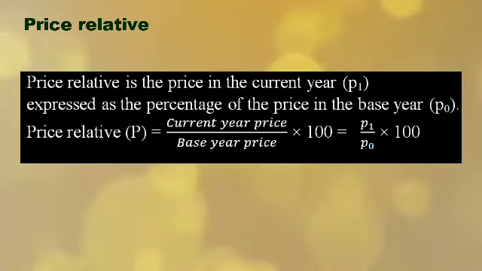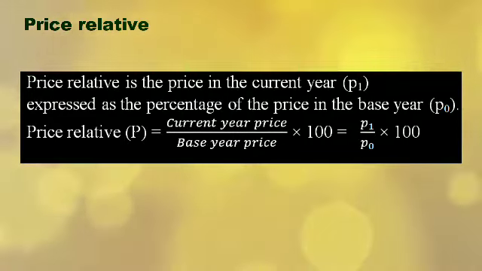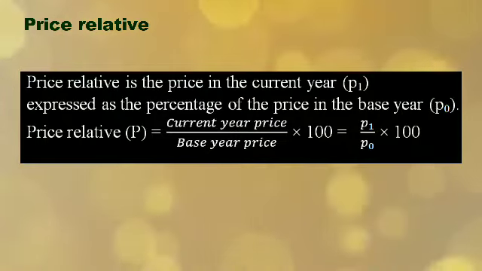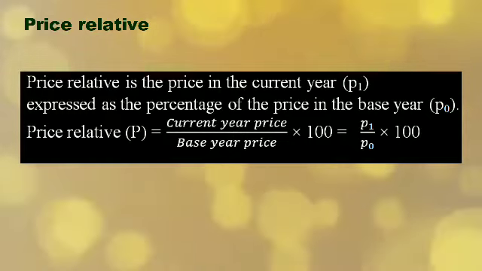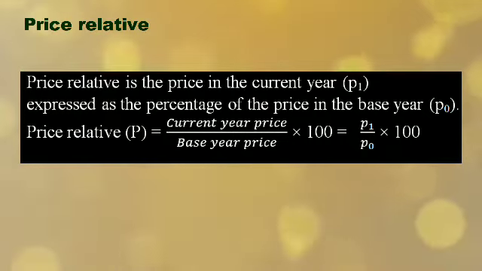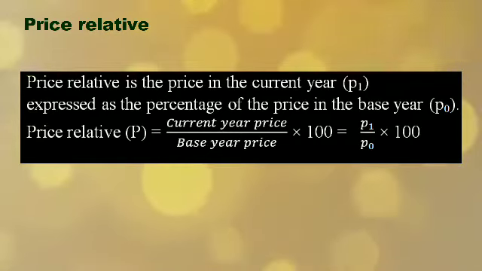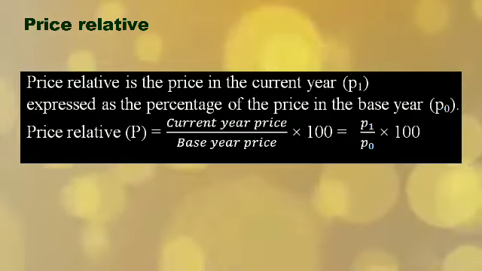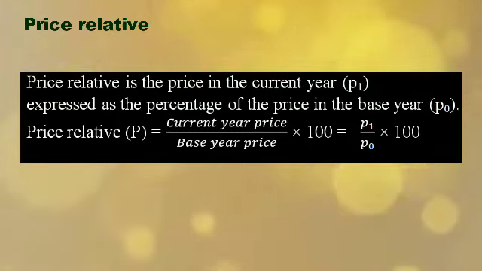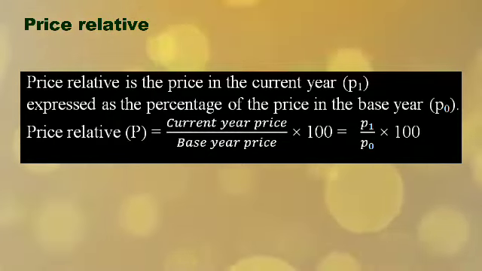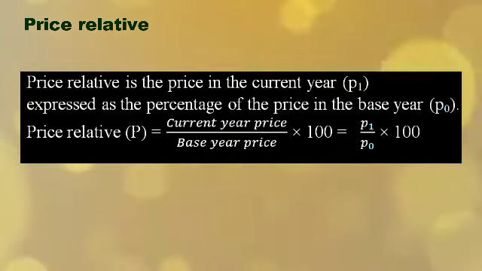Your intention is to find the change or the variation in the price of the commodity from the base year till the current year. That value will be called price relative, denoted by capital letter P, which is written on the left side of the formula.